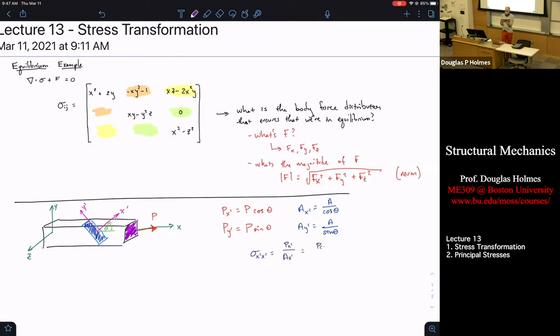It's going to be P cos theta over A divided by cos theta. And we get something like the old stress, because this is my old stress that is easy for me to calculate, times the square of the cosine of my angle.